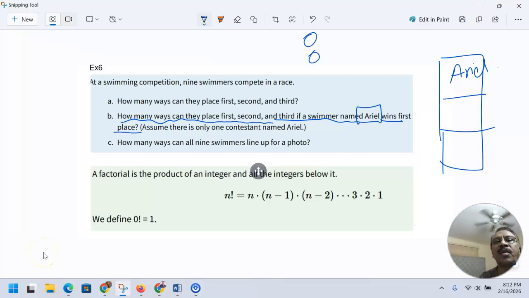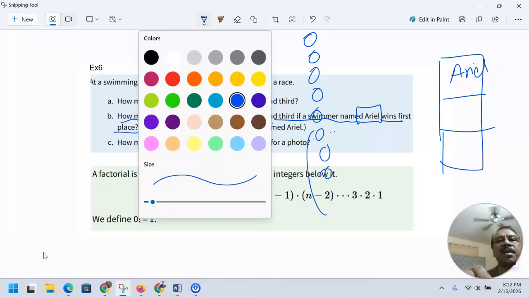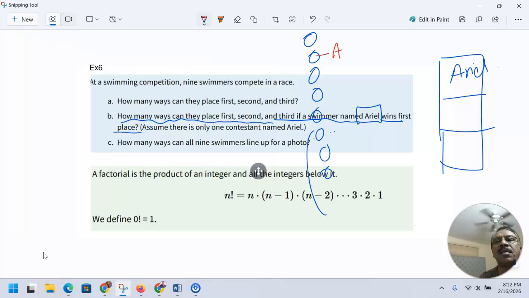If these are the swimmers, 8 of them, I think I put one extra there. Okay. So out of this, one of them is Ariel. So this Ariel already wins. Okay, he's done. So if he's already done, then there are 8 left.